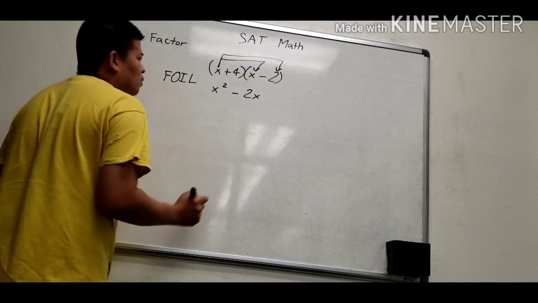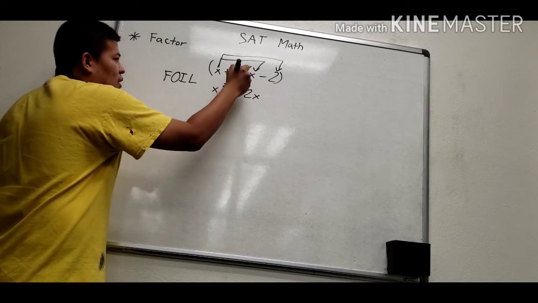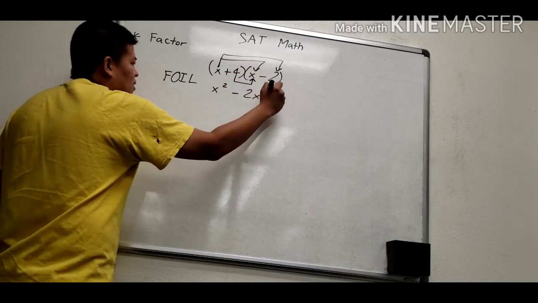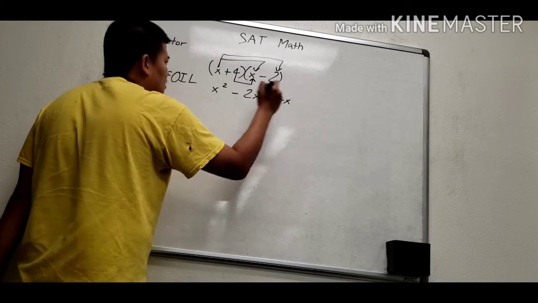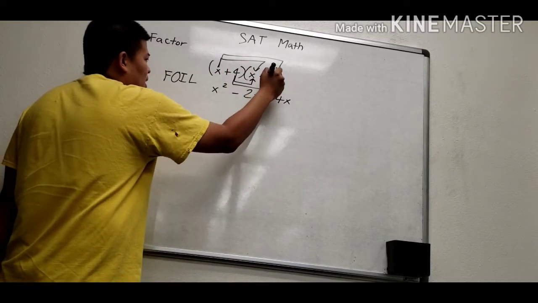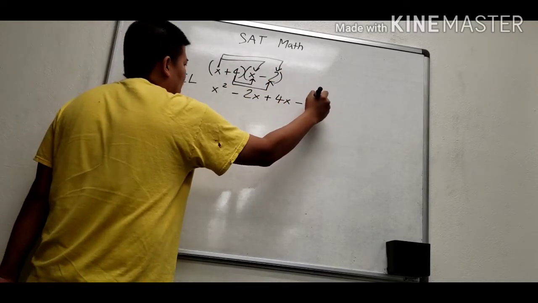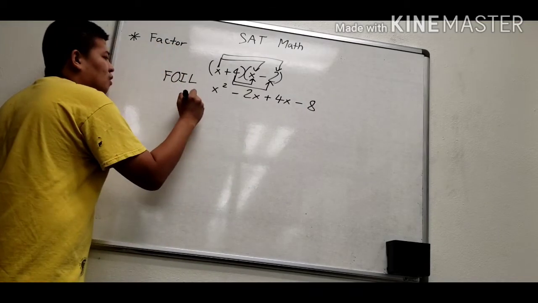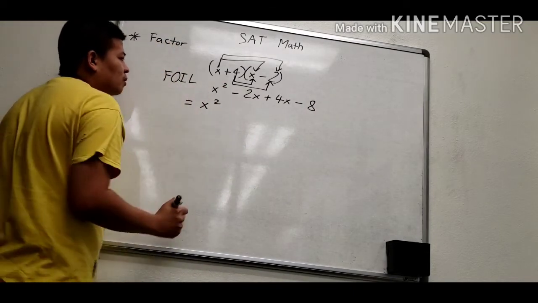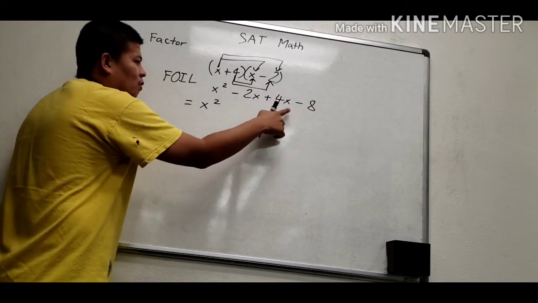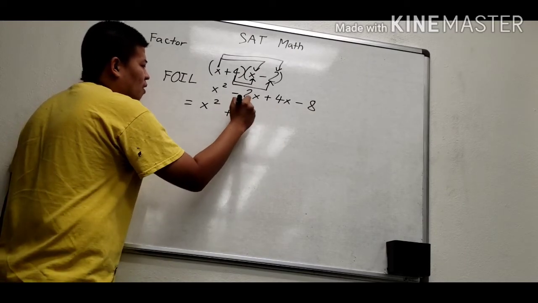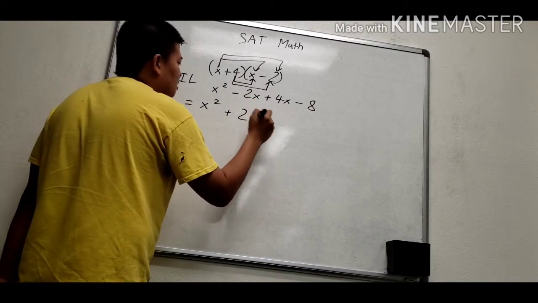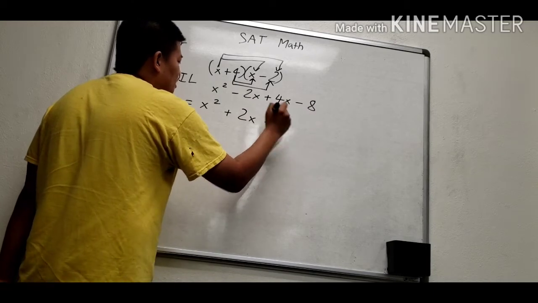That's minus 2s. 4 multiplied with s, then we become 4s. 4 multiplied with minus 2 is minus 8. So you got s power 2. And we have minus 2s plus 4s is 2s. And we have minus 8.